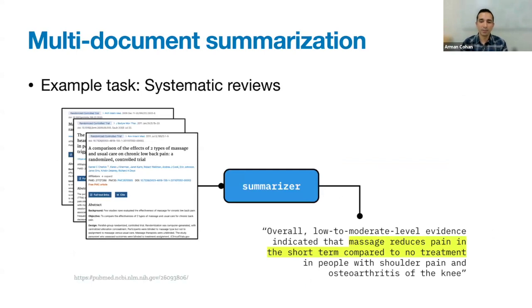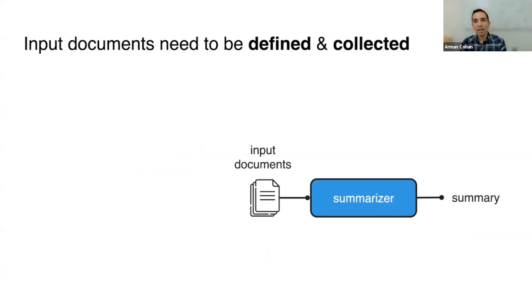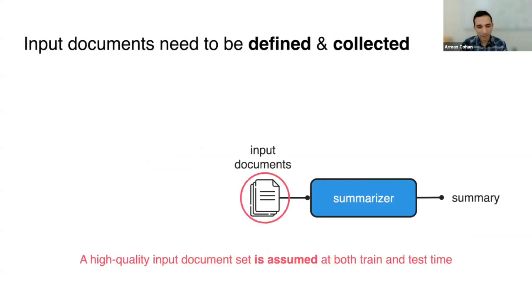An example of this is systematic reviews. However, the first thing is such input documents need to be defined and collected in the first place. And this part might be more interesting to folks working on IR. So this is where the role of IR becomes more important.